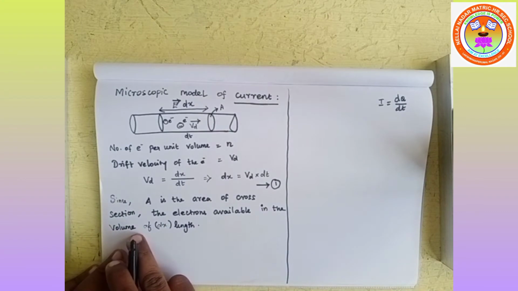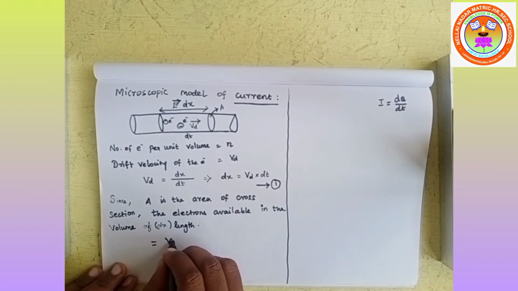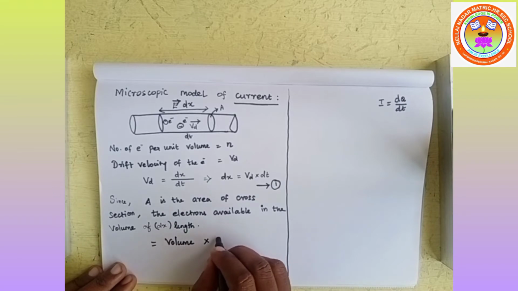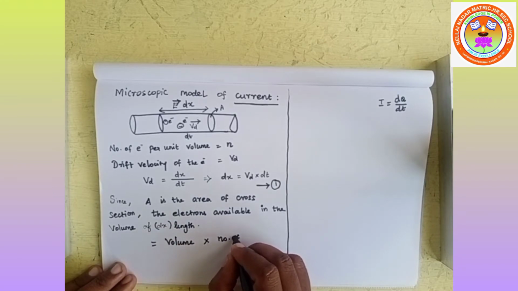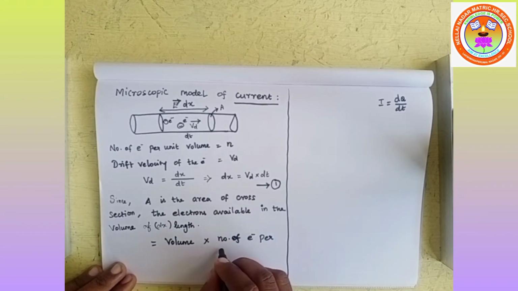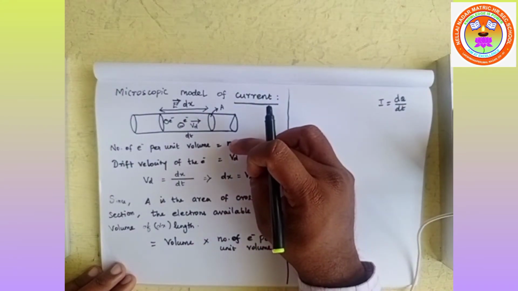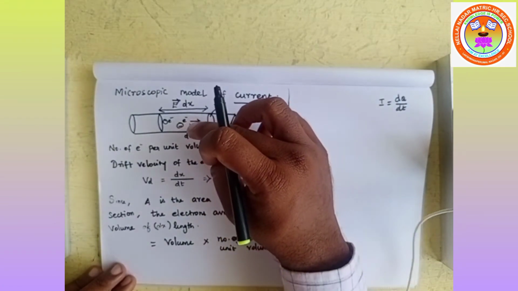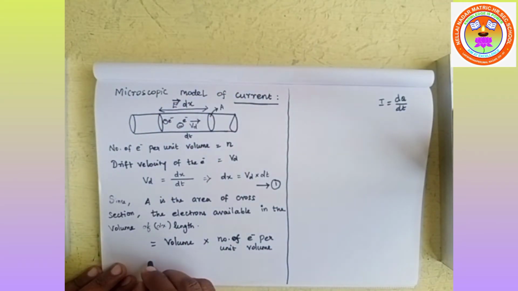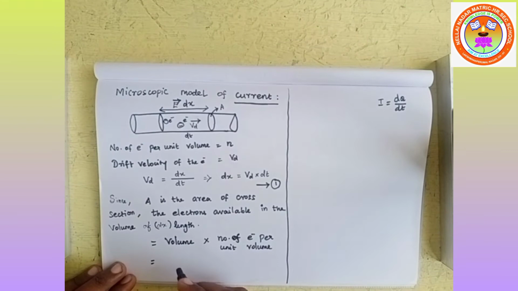So the electrons available in the volume of length dx can be calculated as volume into the number of electrons per unit volume, where per unit volume the number of electrons is n.